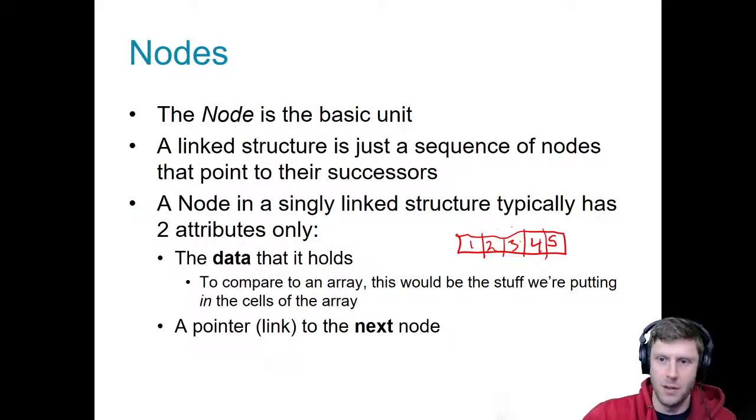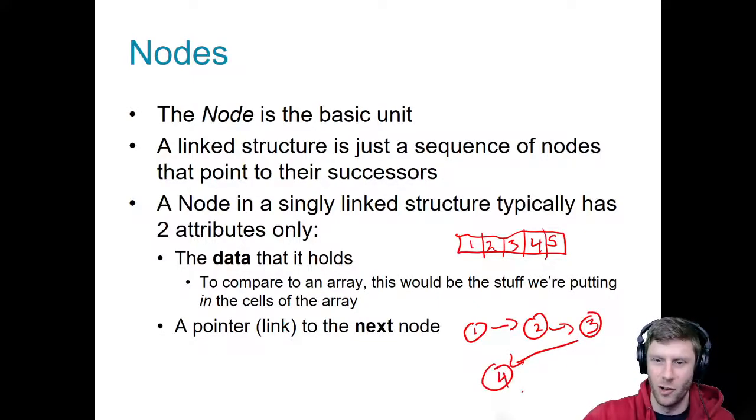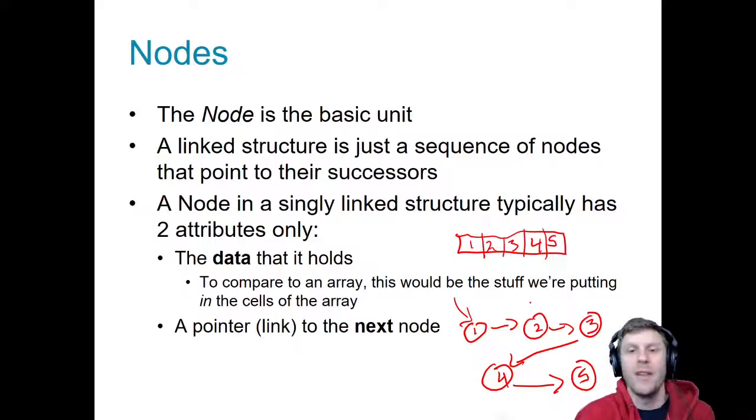If I were to have a linked structure like this, I would have 1, 2, 3, 4, 5. And we'll have our pointer to the head as well. So this is the idea. The 1 is the same thing that we're putting in the array, and the arrows, the pointers, are telling us where the next one is.